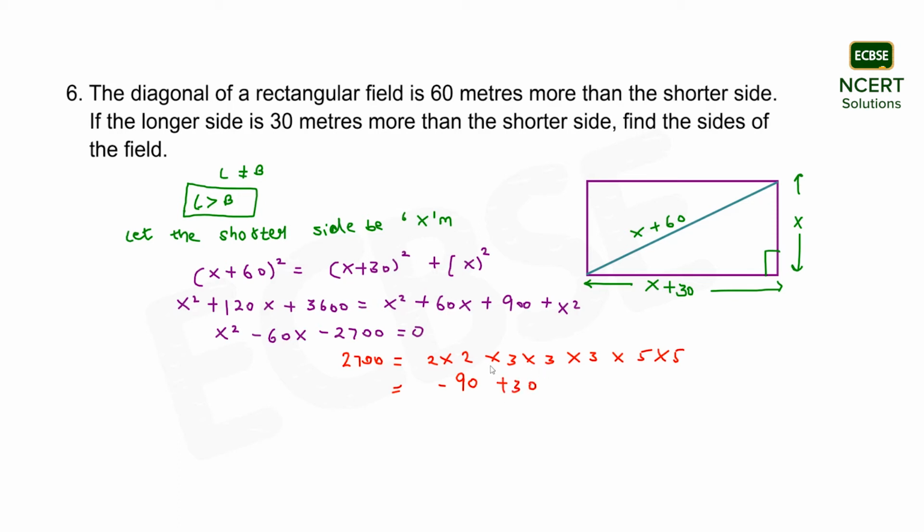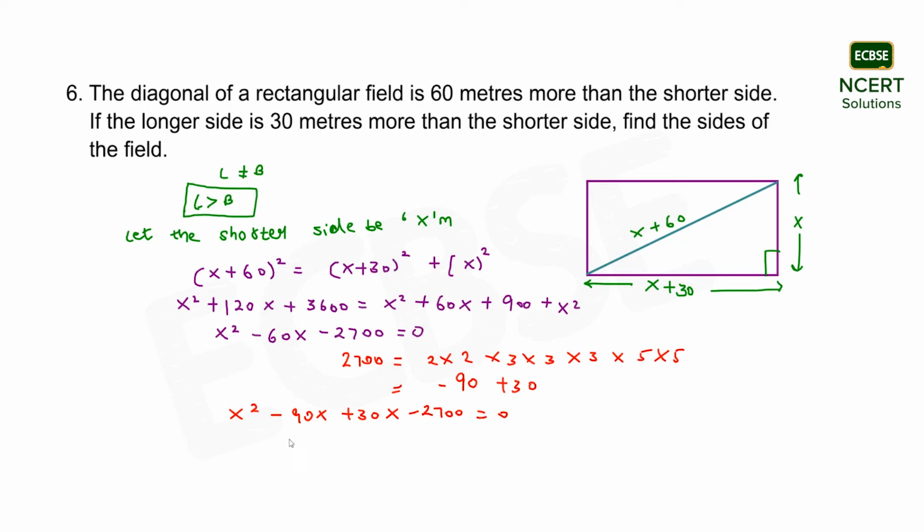Their signs are chosen so that the sum is minus 60, which is only possible if 90 has a negative sign and 30 a positive sign. So the equation becomes x^2 - 90x + 30x - 2700 = 0.